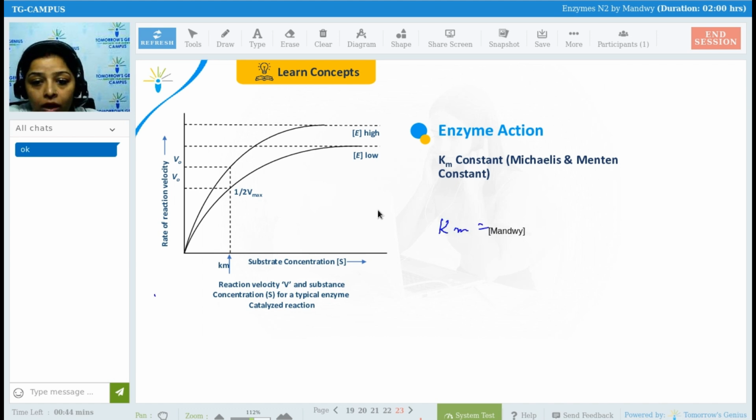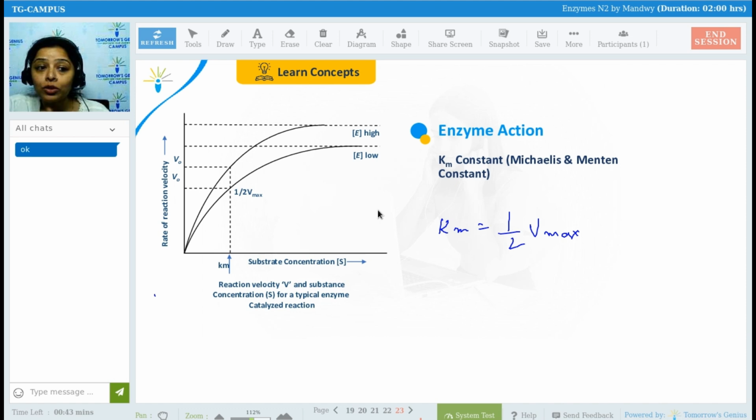Km is half of the maximum velocity of the enzymatic action or the reaction. This Km constant exhibits the catalytic activity of the enzyme, and this Km value will be different from substrate to substrate.